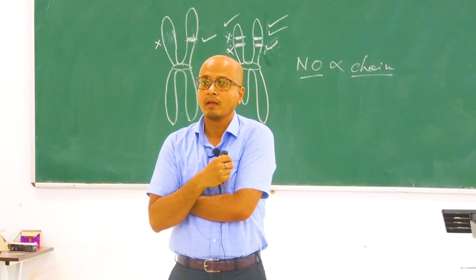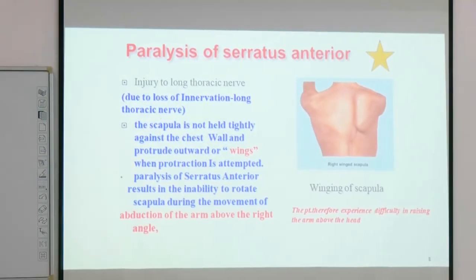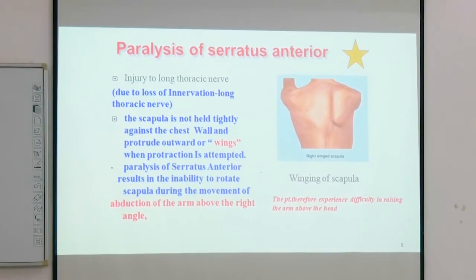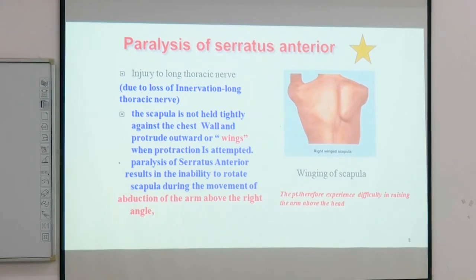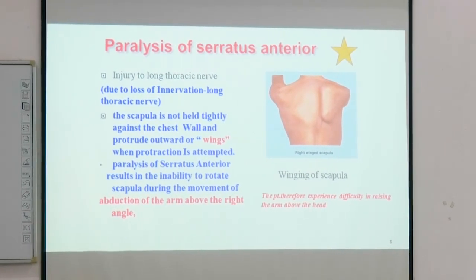Now, the injury we are talking about here involves the long thoracic nerve. The long thoracic nerve is present on the medial side of the chest wall or medial side of the axilla. Now how could the serratus anterior, or rather the long thoracic nerve, be damaged?